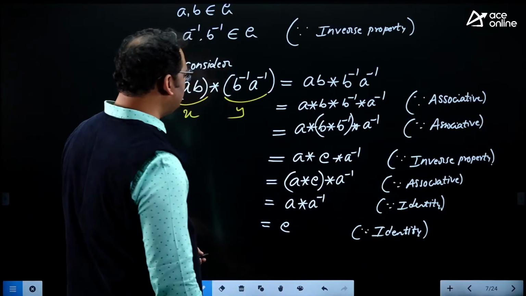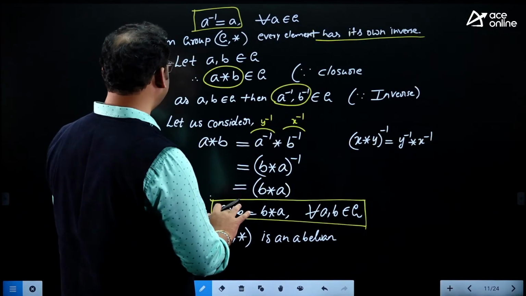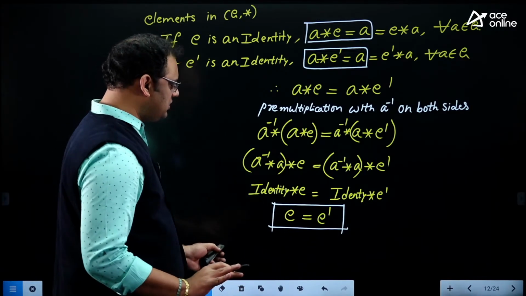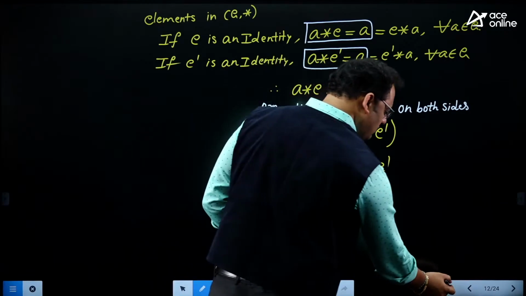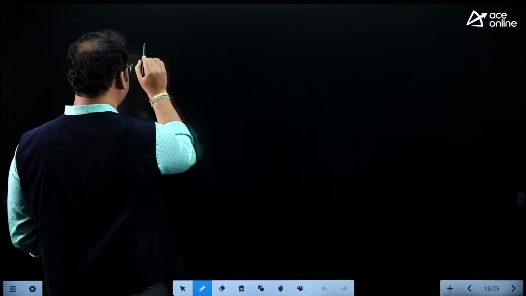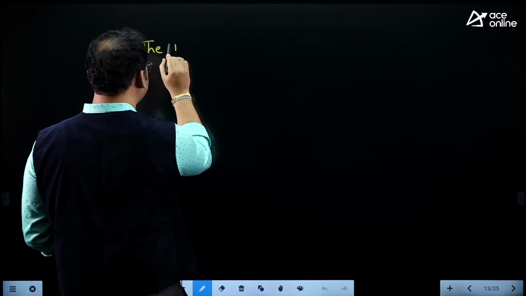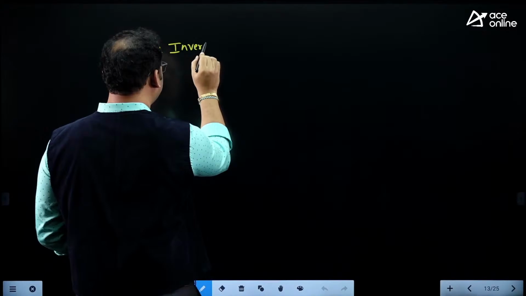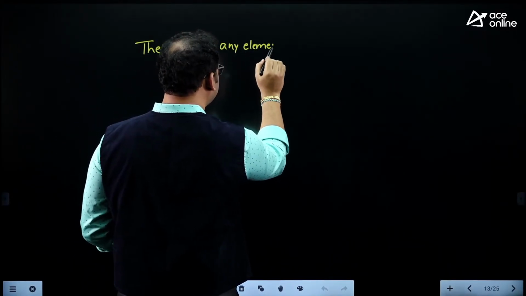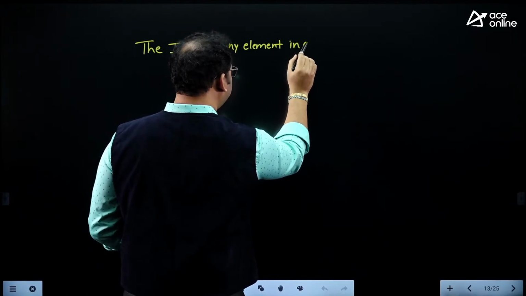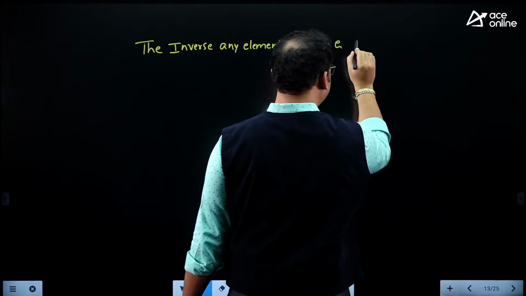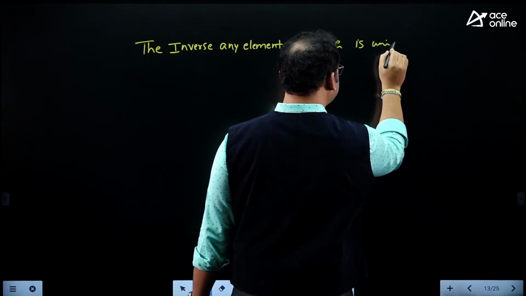I think the identity concept, E is equal to E dash, is okay. Now in a similar way, what I want to say is the inverse of any element in group G is unique, my dear.